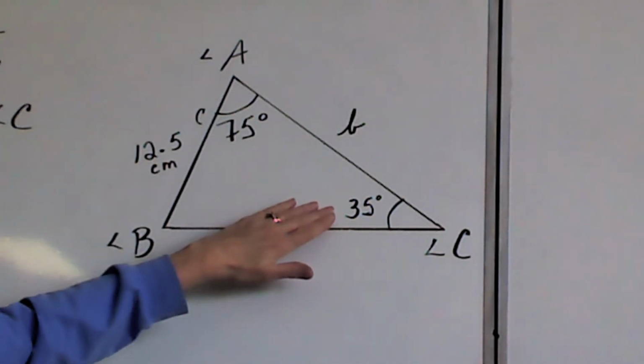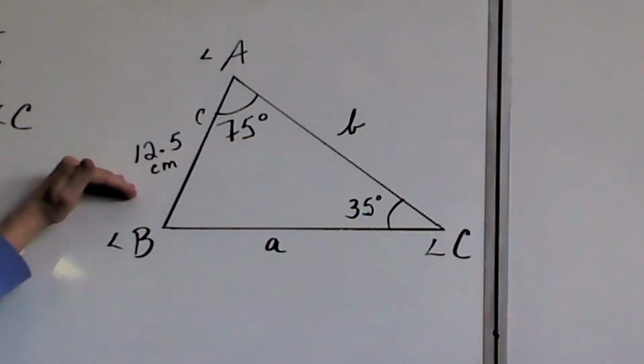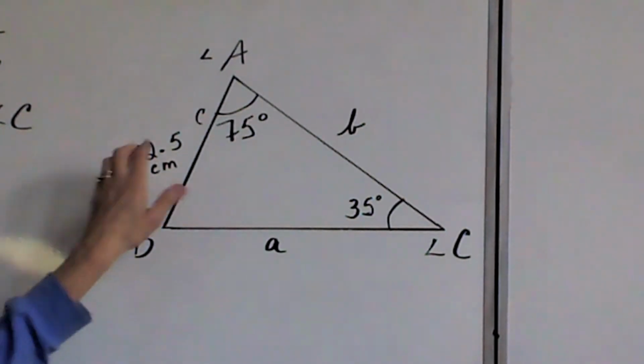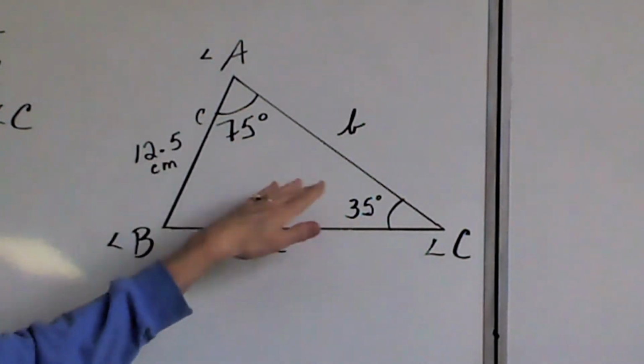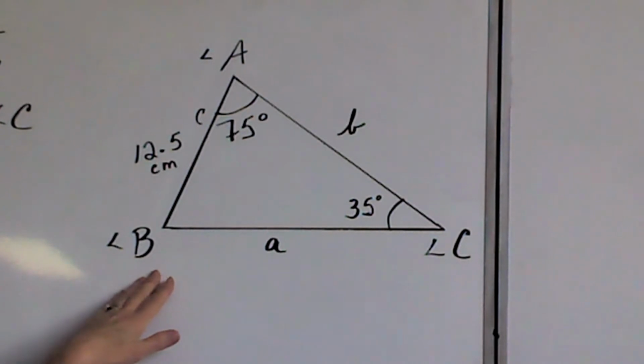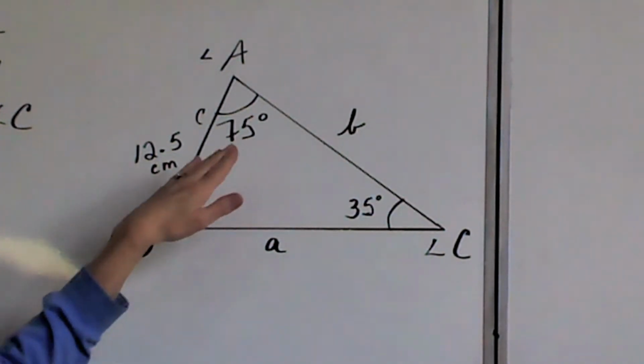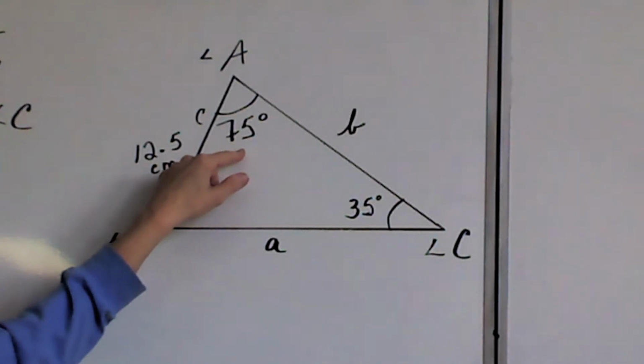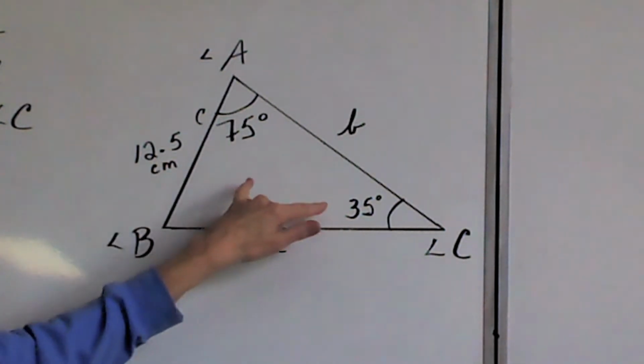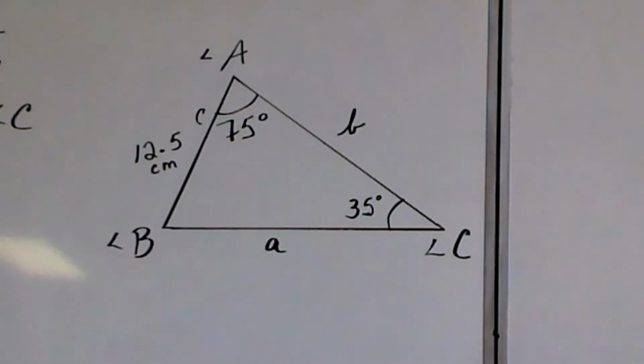We have angle of 35, and the corresponding side is 12.5 centimeters, so we have a set. Angle B and side B, we have no values at all. So we'll have to use angle A at 75 degrees, and then the corresponding angle and side, angle C, for our calculations.